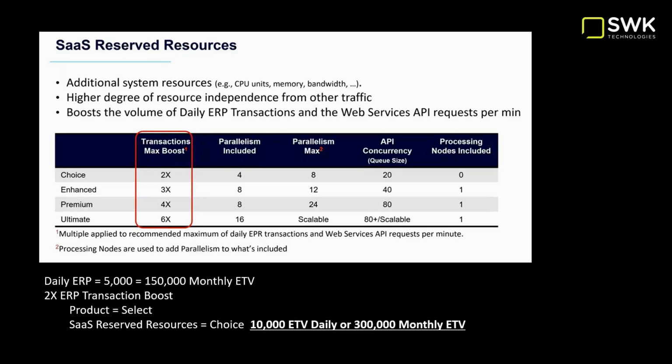Other things that happen in Acumatica are things called parallelism and concurrency. And parallelism was hard for me to get my arms around until an analogy was shared with me, and that was that the parallelism is like a queue, and a good example of a queue is the TSA line at the airport.